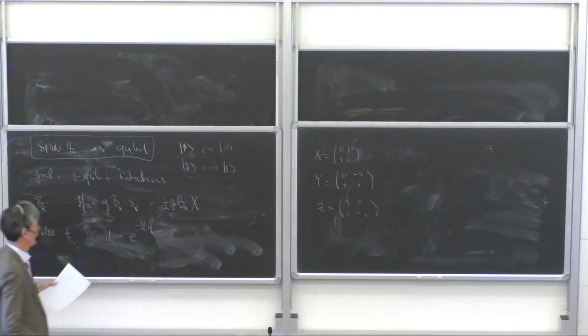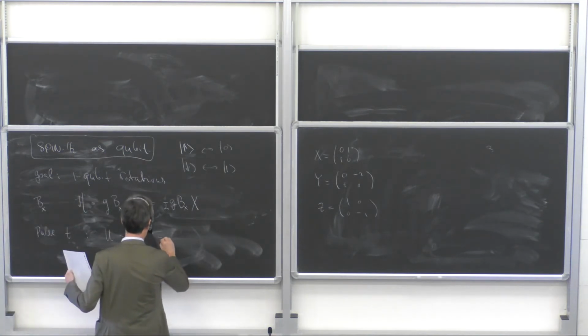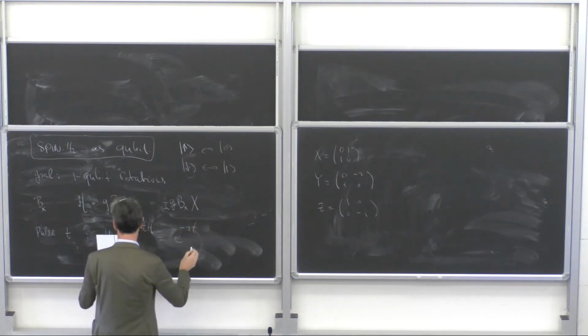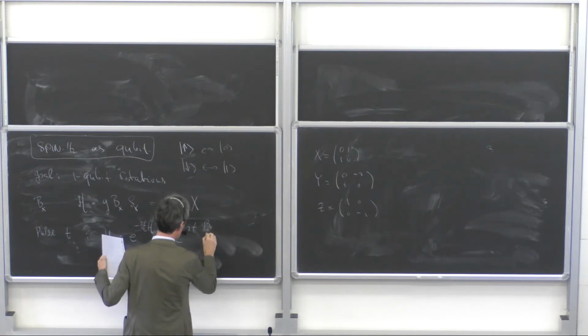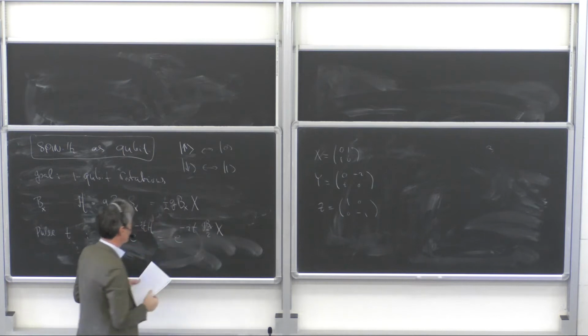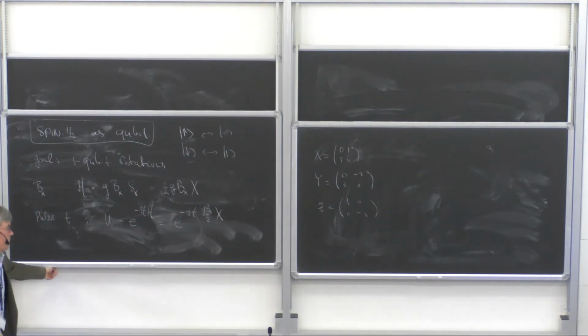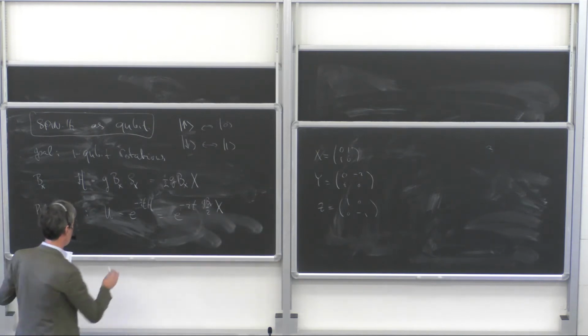Since the Hamiltonian is time independent, this is easy. So that's e to the minus i times t times g Bx over 2 times my X matrix. This is the little exercise of exponentiating a Pauli matrix, which you can do in various ways, but I think you've seen this before. It gives you the following result.